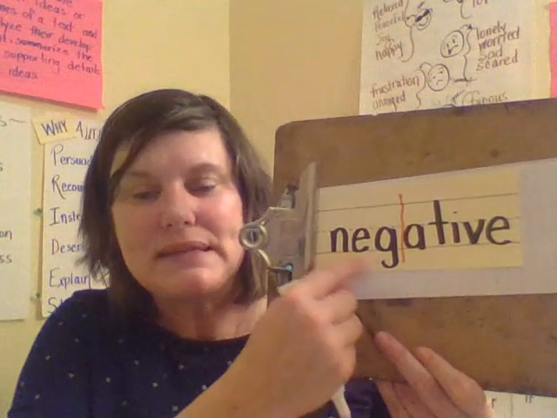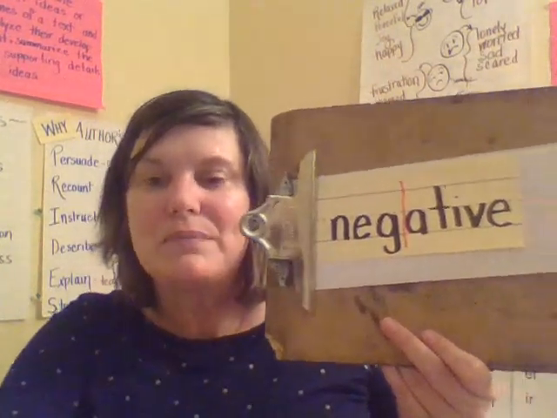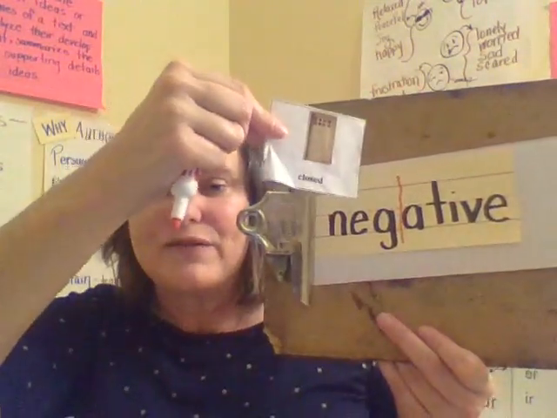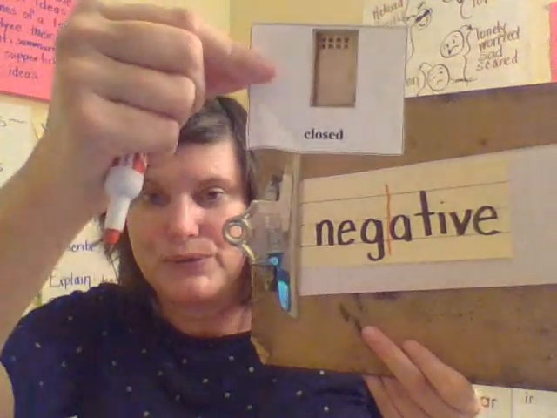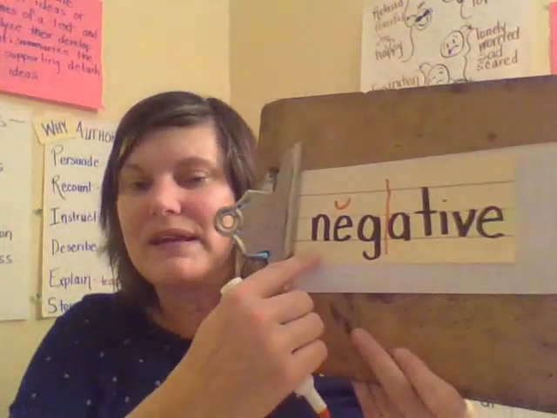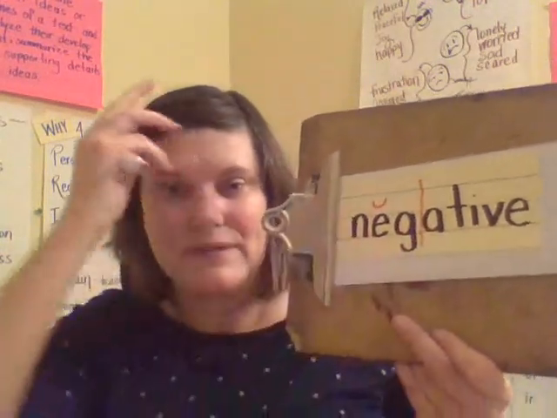And so then this syllable, we have a vowel and a consonant, which means that the first syllable is a closed syllable, which would make a short vowel sound. So we have negative, negative.